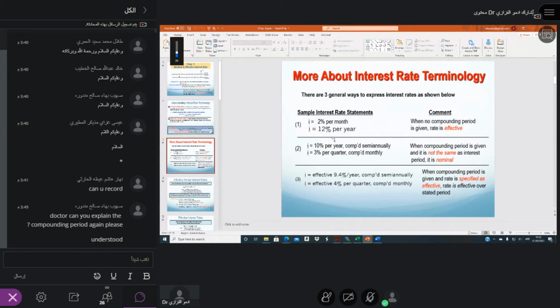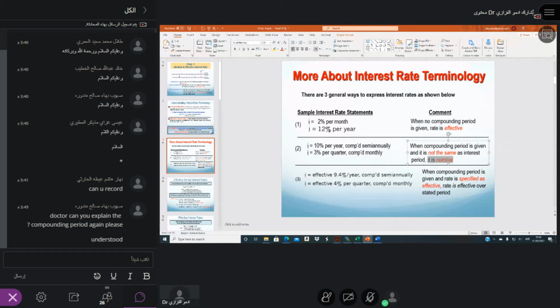Also, they can decide to say, okay, I is equal to 10% per year, compounded semi-annually, or I is equal to 3% per quarter, compounded monthly. These are just English words that they use to describe how an interest rate is charged. So when a compounding period is given, like compounded semi-annually or compounded monthly, and it is not the same as the interest period, then it is a nominal interest rate.